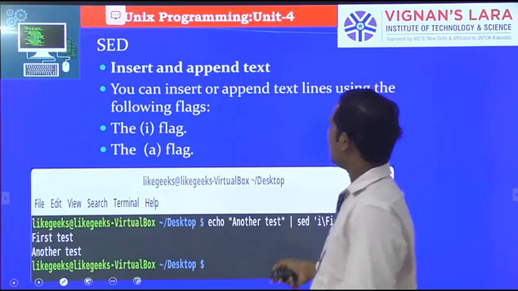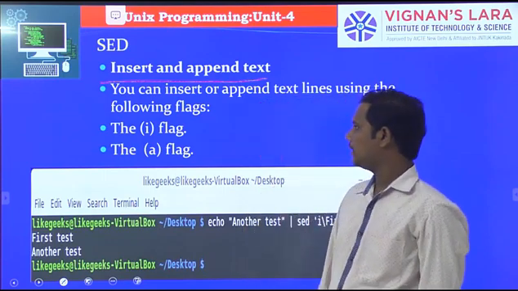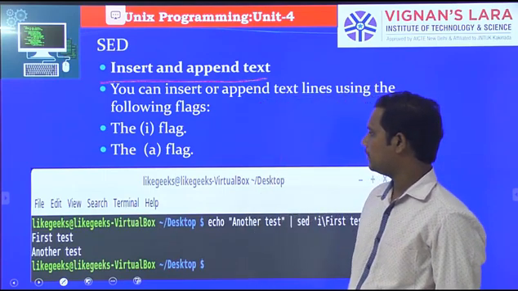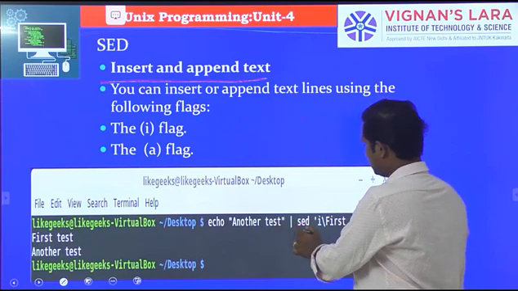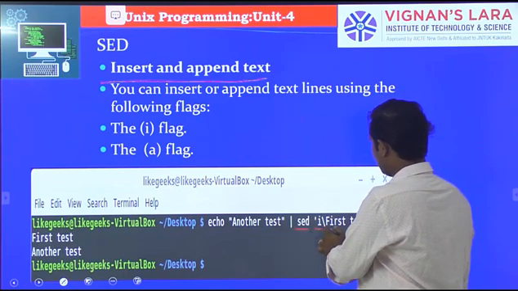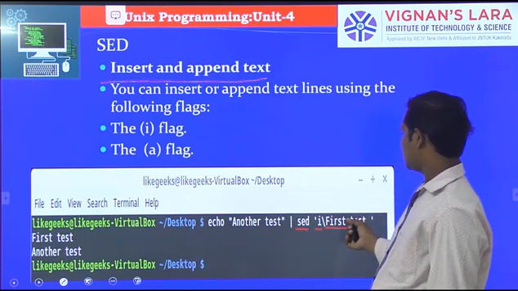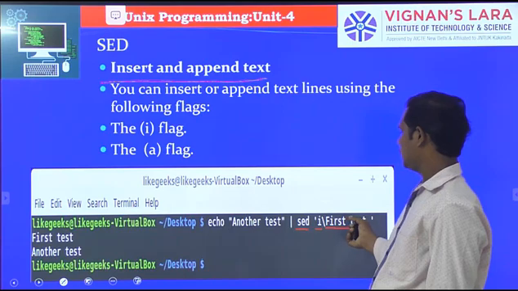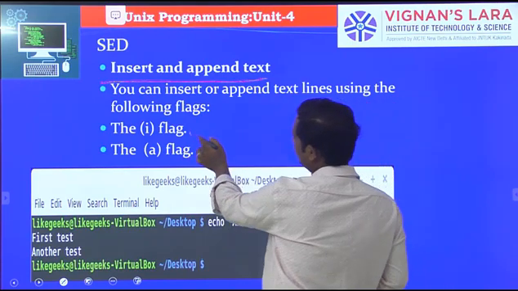Next, insert and append text. Append means add. So echo other text. Here sed i first text. So here this is the replacement word. So sed i replacement. i means flag.